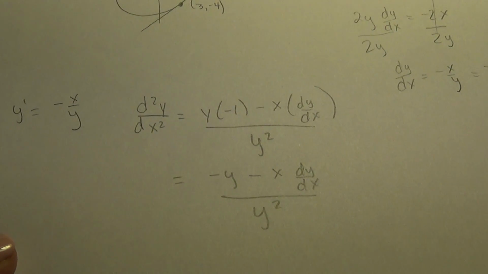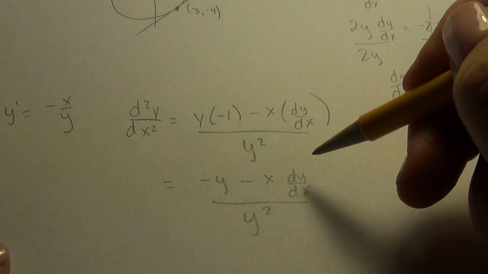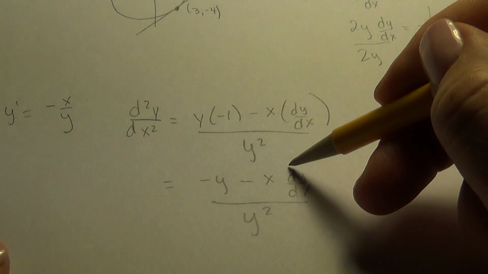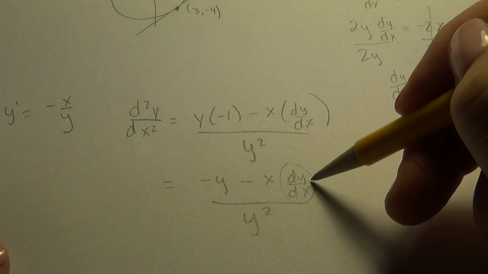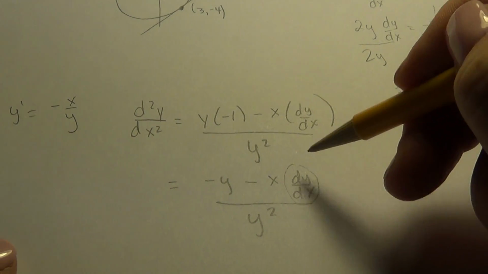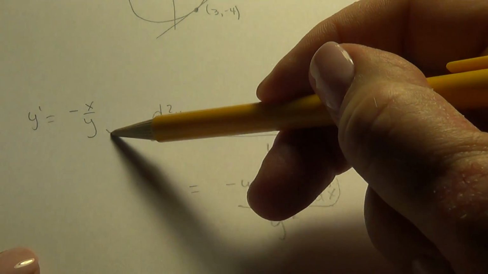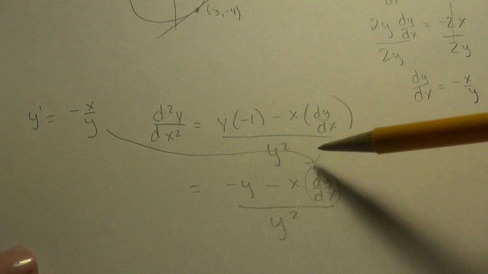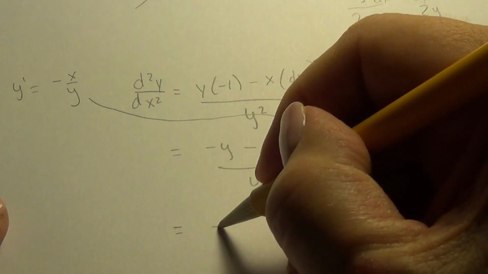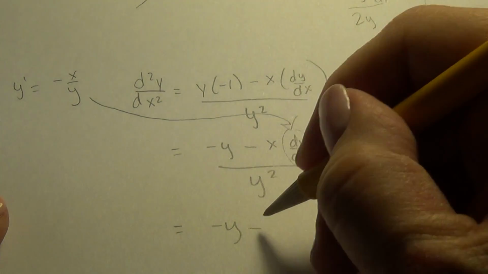So what do we do from here? The trick is, in the middle of our second derivative appeared a first derivative, but we know what the first derivative is because we calculated it right there. So in it goes, and then it becomes quite manageable.